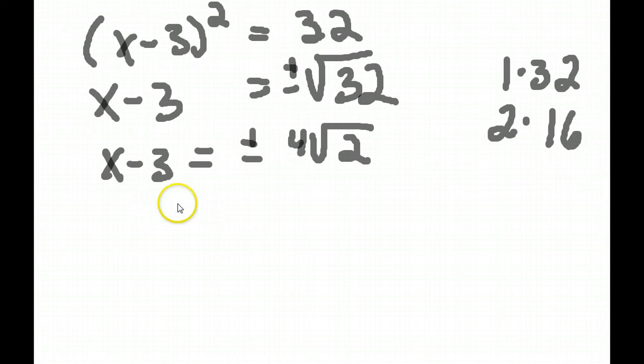Okay, but we're not finished quite yet, because on the left we still have this x minus 3. So what happens to that negative 3? We want the x by itself. Where does it go? We move it to the right. So we end up with x equals 3 plus or minus 4 radical 2.